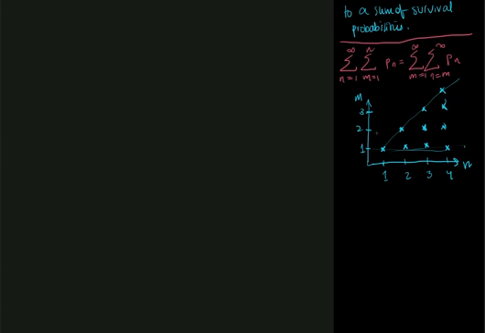When m is equal to 2, then n is equal to 2, 3, 4, and so on. When m is equal to 3, then n has the smallest value 3, and then 4, 5, 6, and so on. So for each different value of m, n must be greater than or equal to that value of m, which is why we can do this change in summation.